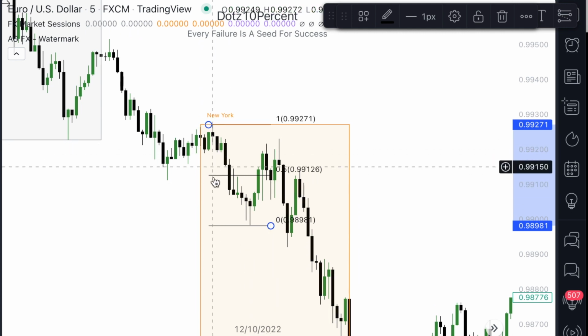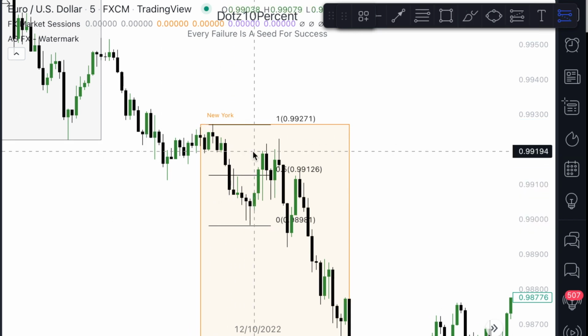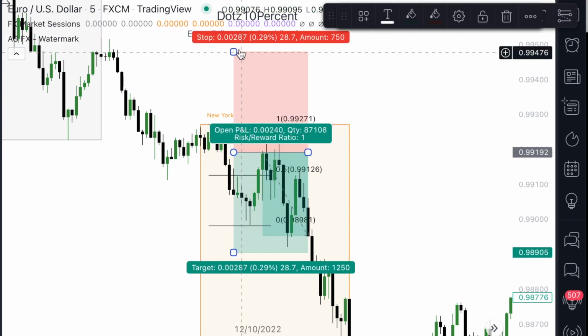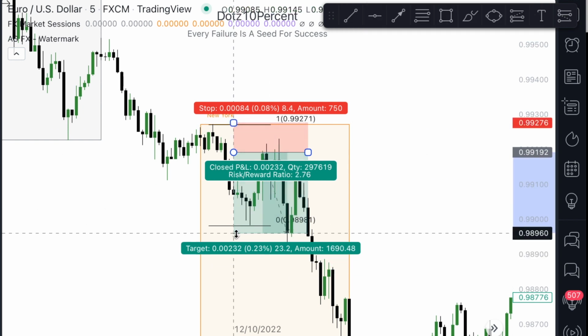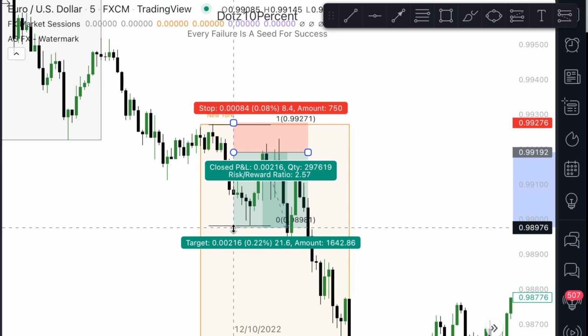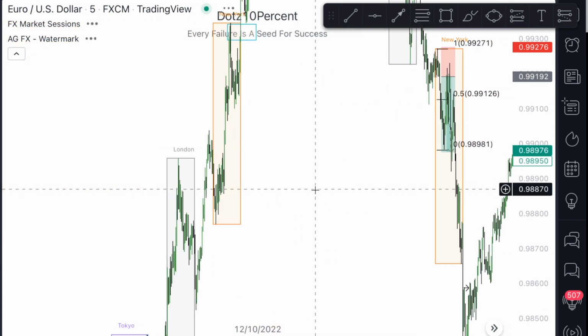So if we're taking this trade, where can we place our entry? We have an imbalance here, we have an order block here. Let's say we place it here, this order block. And our stop loss always goes above the high. And we can set a take profit here. Potentially, there might be a liquidity pool over here that we want to target.